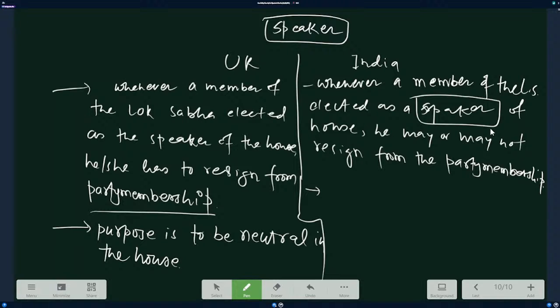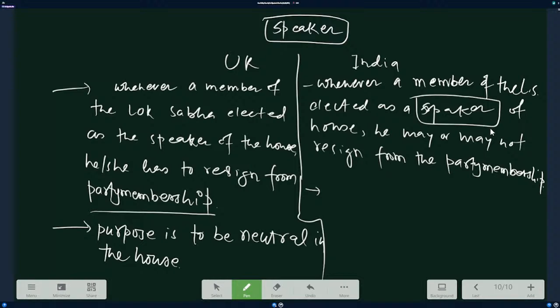But if any other member gives up the party membership, does he or she lose membership of the House? Yes. In that case, it is called defection. A member cannot voluntarily give up the party membership, but the Speaker can. Got the idea? Basically, this is what I wanted to say about the Speaker.